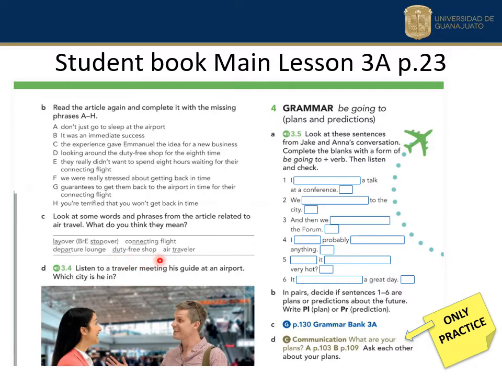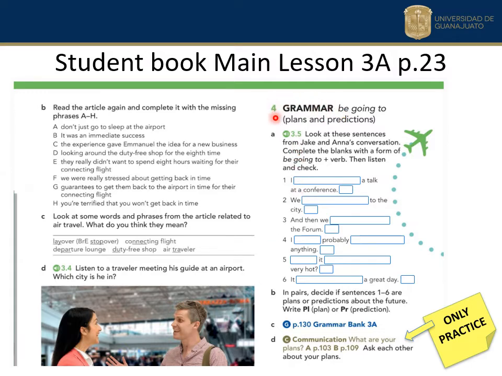Okay. And the last one is air traveler, which is viajero aéreo. Already, so just some new vocabulary related to the airport. After that, you have another listening with this, well, you have a conversation here, also in the airport.